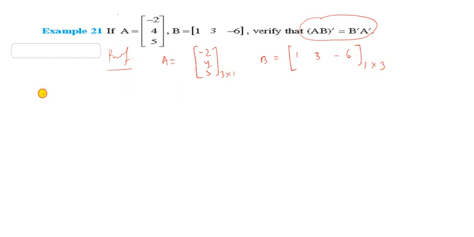So for finding AB, it is equal to minus 2, 4 and 5 multiplied by 1, 3 and minus 6. So this is 3 cross 1 and this is 1 cross 3.